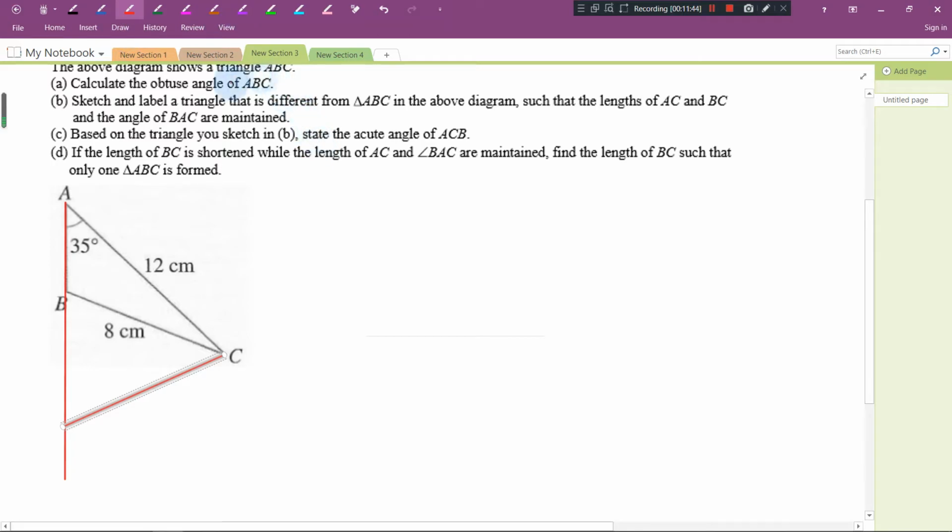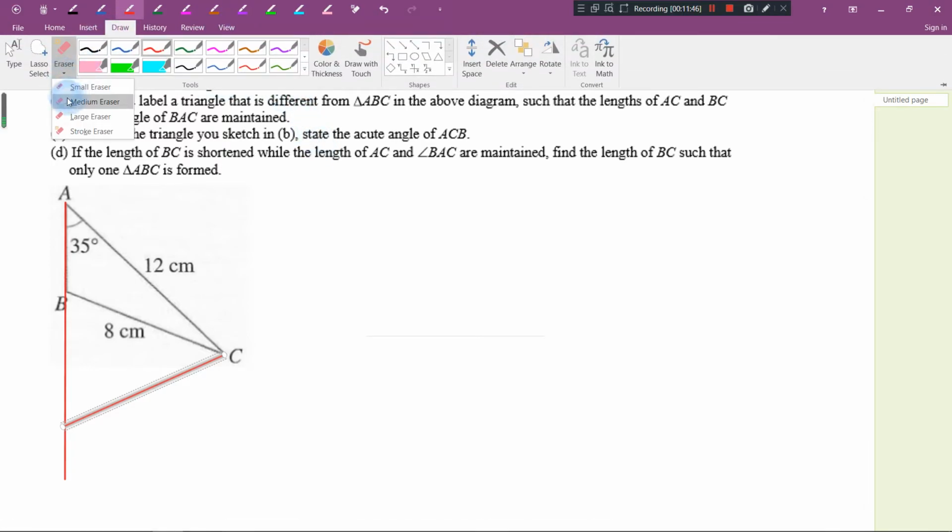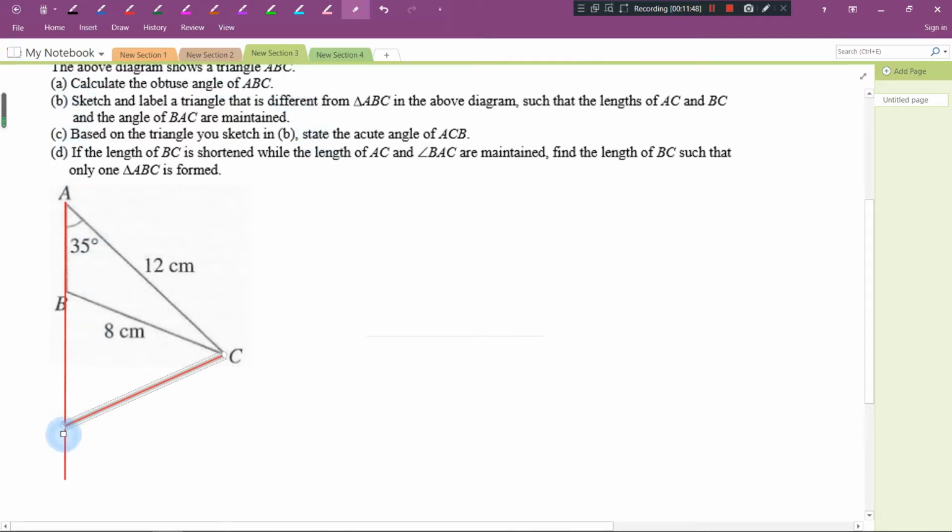Let me erase this one first. This is 8 centimeters, here also 8 centimeters, and let me label this one B2. This is B1, this is B2. So this is the ambiguous case.